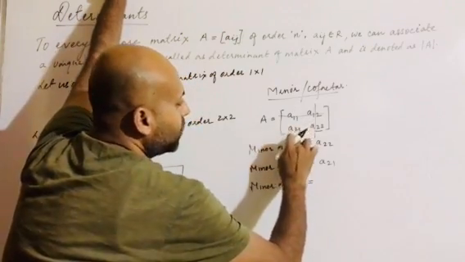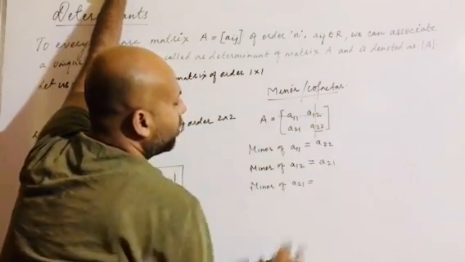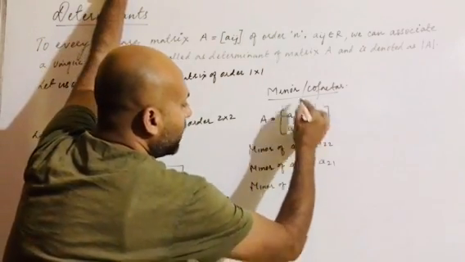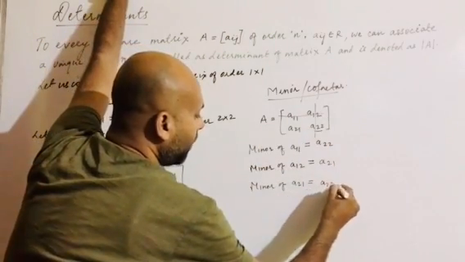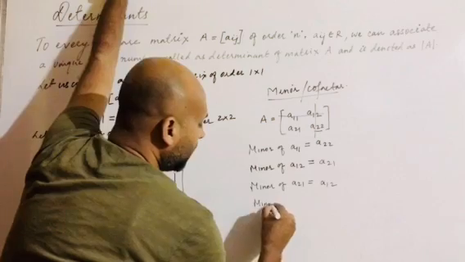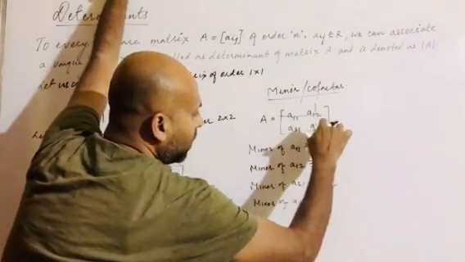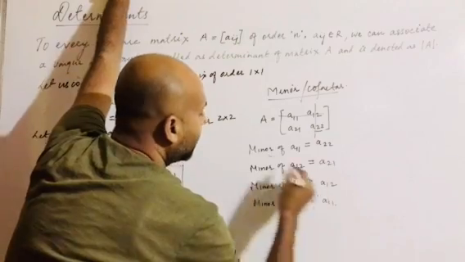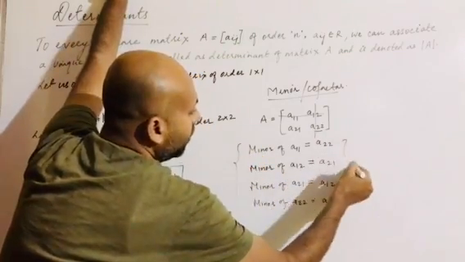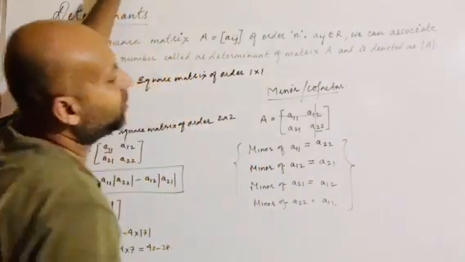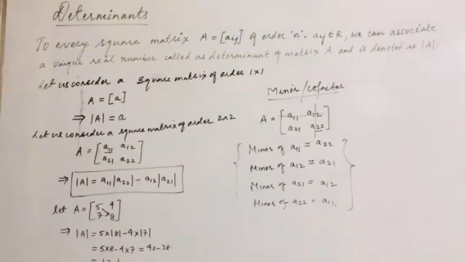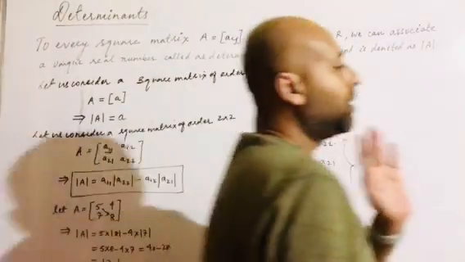A21 is this one, so this row and this column will be omitted, so the value will be A12. And if I have to calculate the minor of A22, the last row and last column will be omitted, so the value will be A11. So this is how for each and every element of the matrix we can calculate its minor. Now next we have to deal with the cofactors.